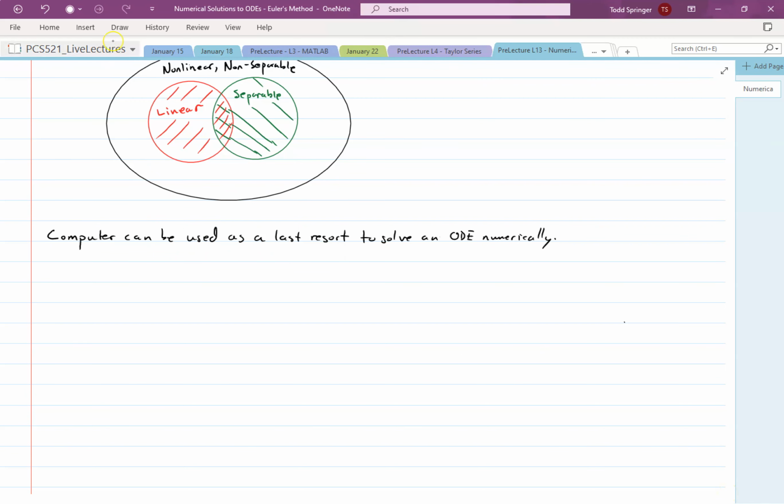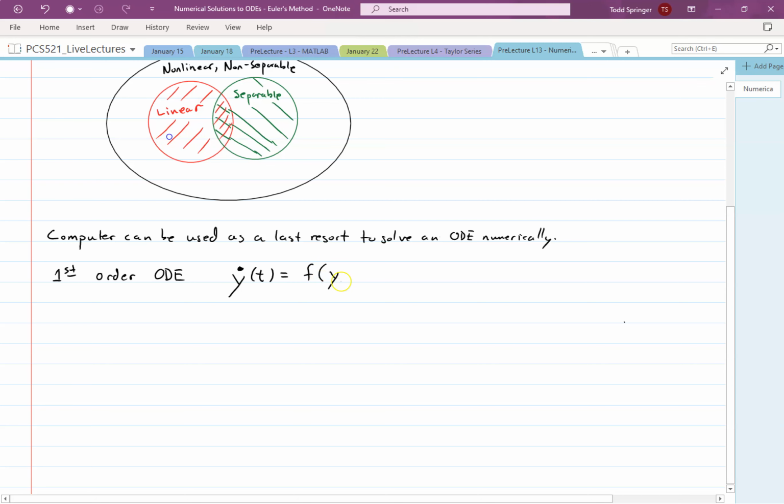Okay, so let's think big. Let's say we can write our first order ODE in this form. It can be written like this: y dot of t is equal to some function of y and t.